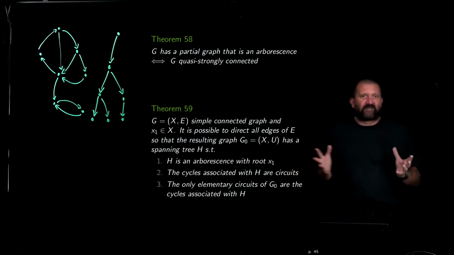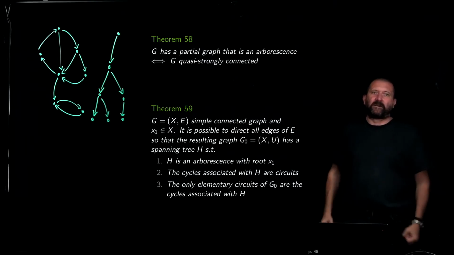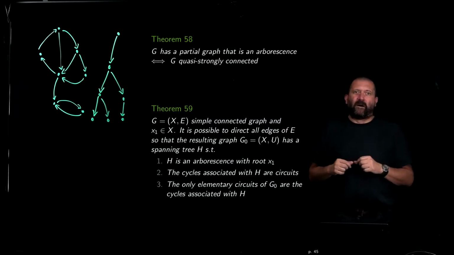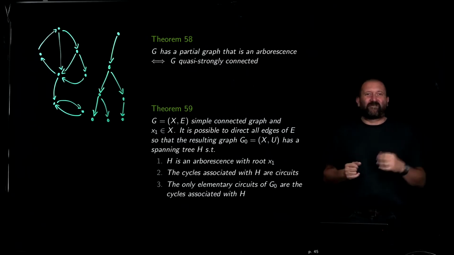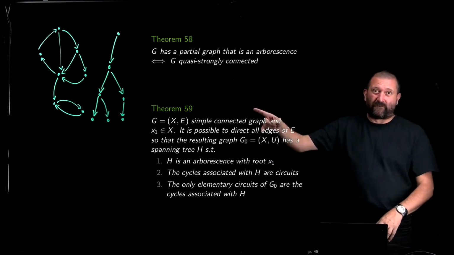So this is again telling us that we can do exactly like we did last time, but we can make an arborescence from any connected graph.